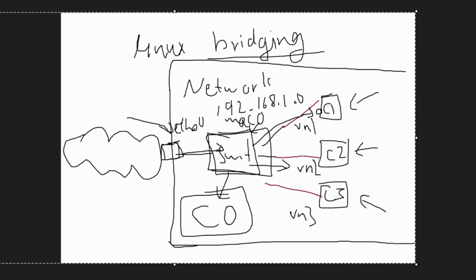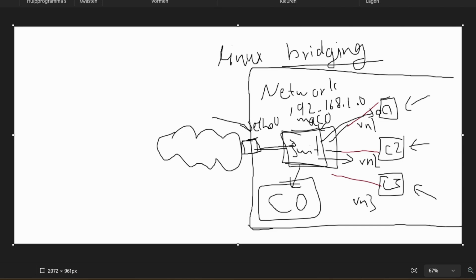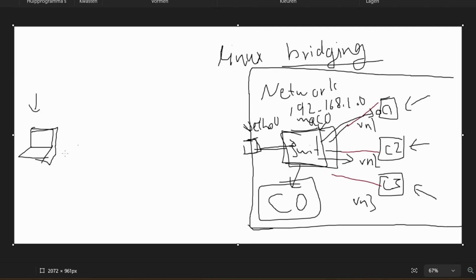Now let me expand this for a minute, because we will be explaining some areas in a little more detail, so let me delete this cloud. And let's say that I have some computer here. So this is a computer, and I want to forward network traffic, for example an HTTP request, to one of these computers, either computer 1, 2, or 3.